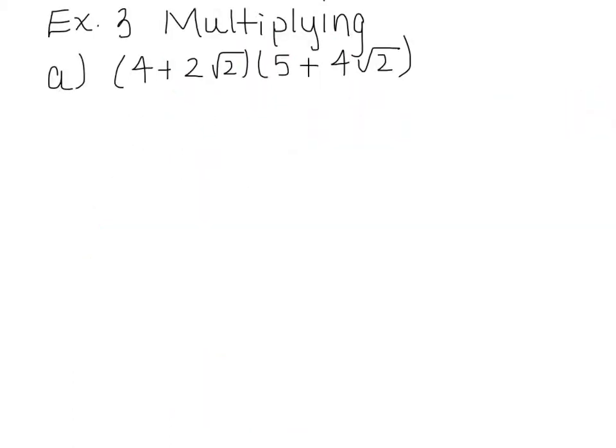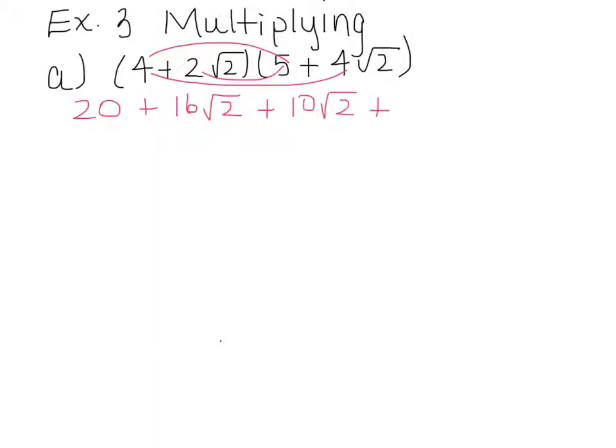Okay, so now we're multiplying. We have a binomial you want to FOIL. So 4 times 5, that's 20, plus 16 radical 2, plus 10 radical 2, plus 8 times square root of 4.